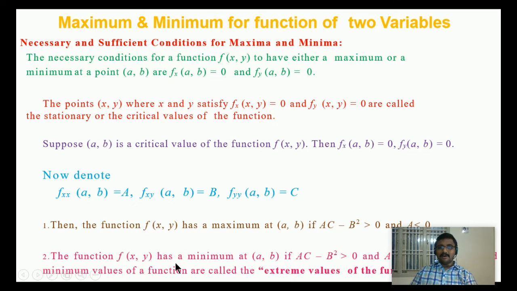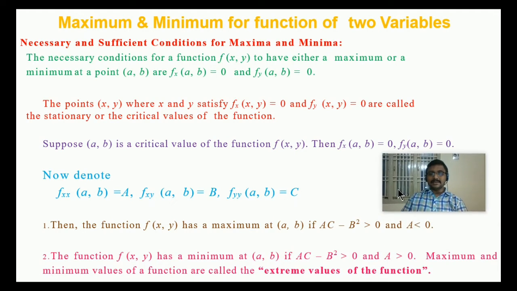The function f of x,y has a minimum value at the point (a,b) if AC minus B square is greater than 0 and A is greater than 0. Maximum and minimum values of a function are called extreme values or extreme points of the function.